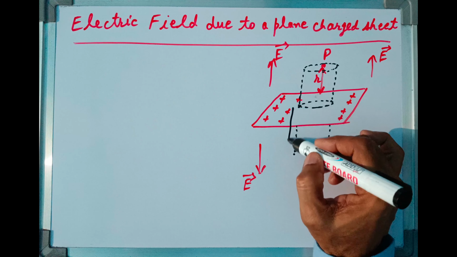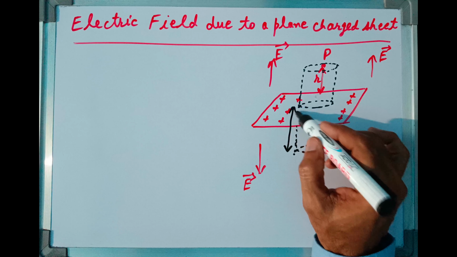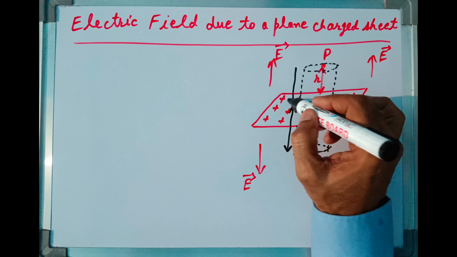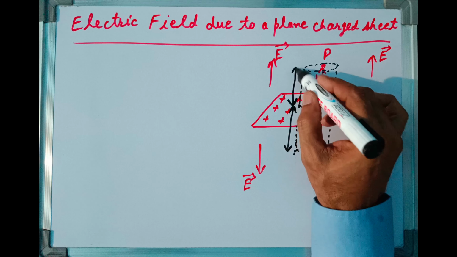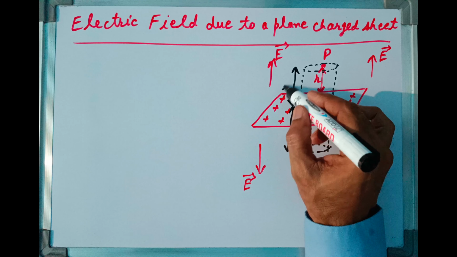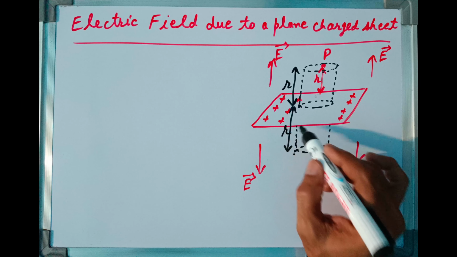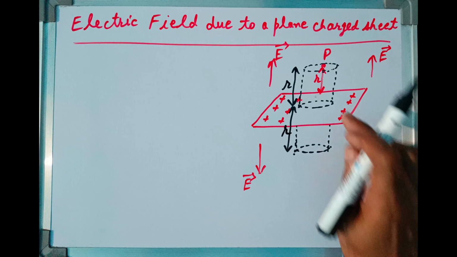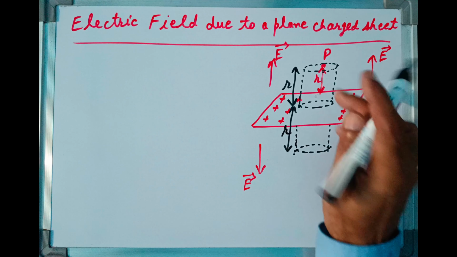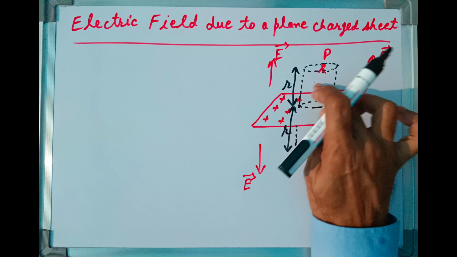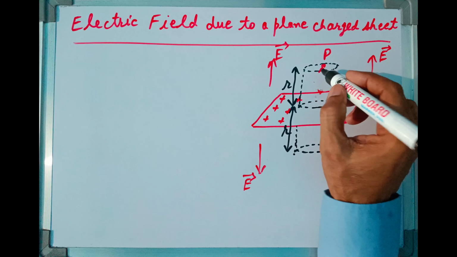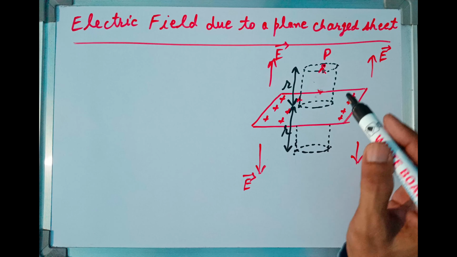So this distance and this distance both will be equal. Let me suppose both the distances are equal to r. This is point of observation P.